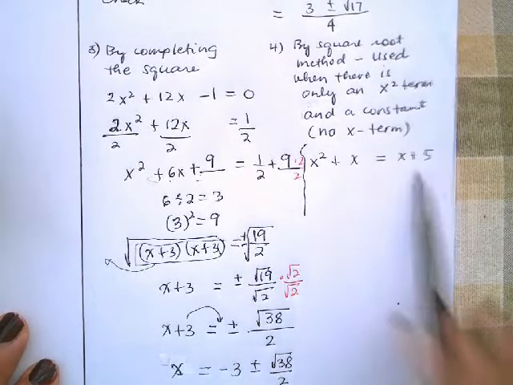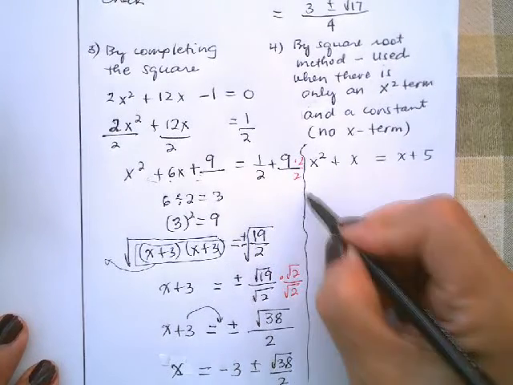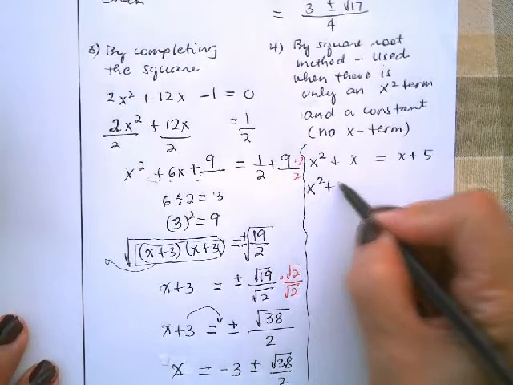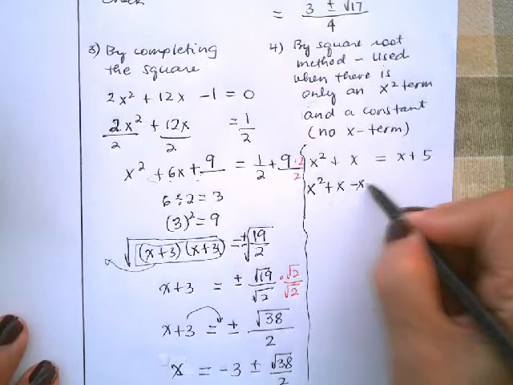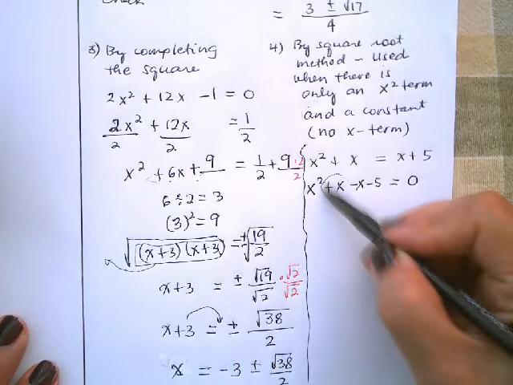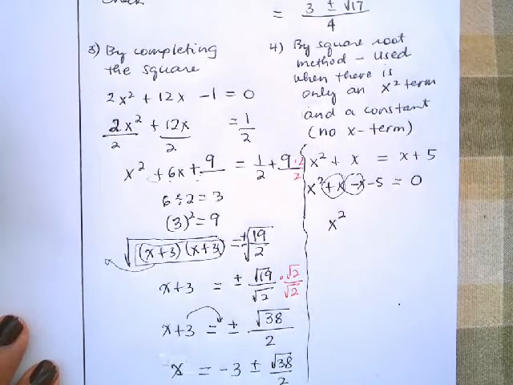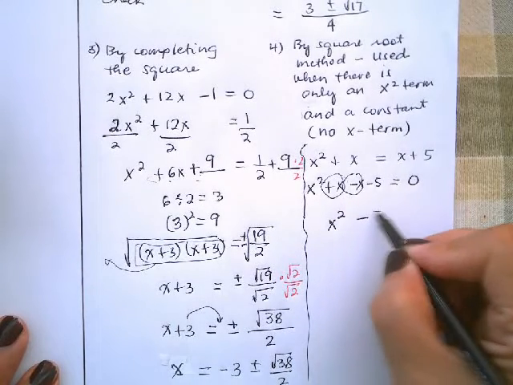So like this one, let's simplify that. So we put everything to the left. So x squared plus x minus 5 equals 0. So you see this one cancels. So you only have an x squared term and minus 5.